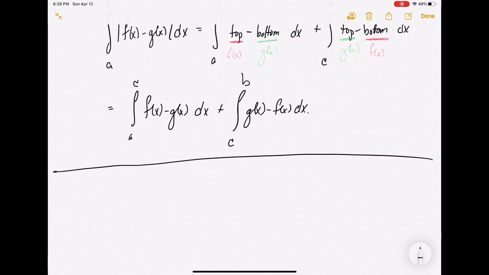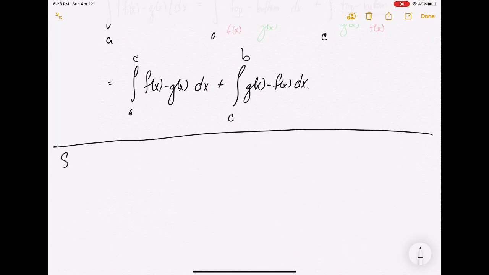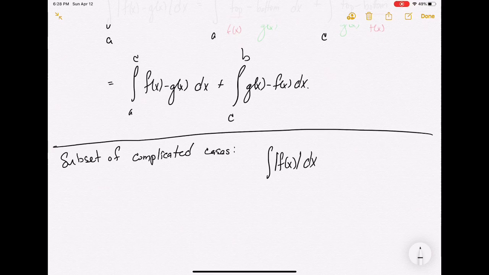And so then let's talk about a subset of the complicated case. This is the integral of the absolute value of f of x dx.